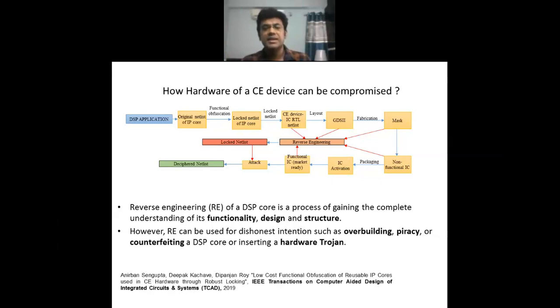Once they have the locked netlist, they can use it along with the functional IC to launch certain forms of attacks known as key sensitization based attacks to produce a deciphered netlist. So the goal is to finally produce a deciphered netlist. The inputs to get to that deciphered netlist are to know the key sensitization attack, to get the locked netlist, which can be done using reverse engineering, and to also get hold of the functional IC, which is market ready.